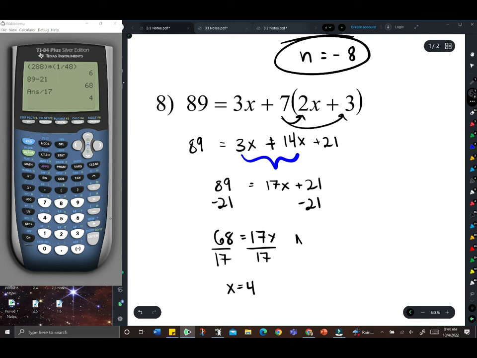And x equals 4. So I showed a different method here. Dividing by 17 is the same thing as multiplying by 1/17. Whichever way you're okay with is fine. But I do recommend thinking of the inverse otherwise.